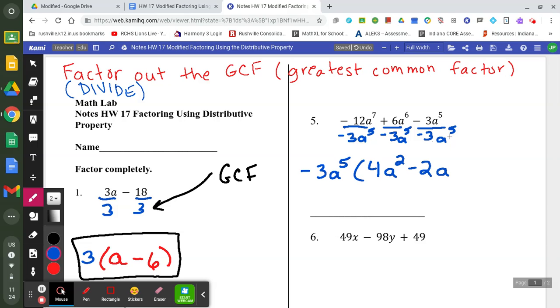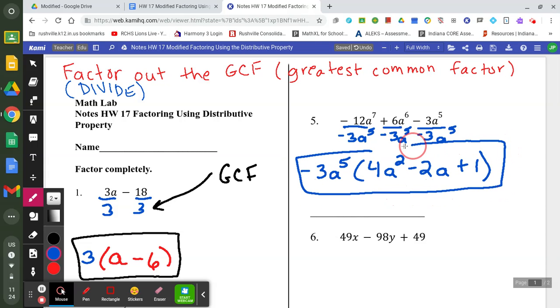And a to the 5th divided by a to the 5th cancel. But actually, if you remember, when you divide, if you have exactly the same thing on top as you do on the bottom, you actually end up with 1. And since that's negative divided by negative, we have a plus 1. So our answer is negative 3a to the 5th times the quantity 4a squared minus 2a plus 1.